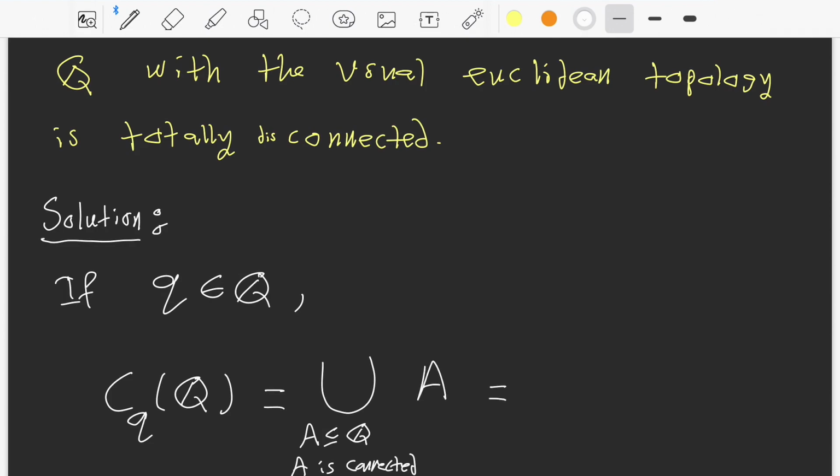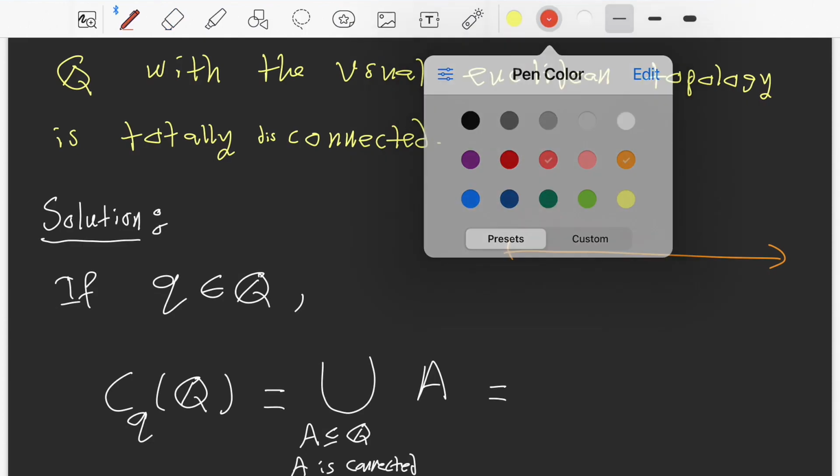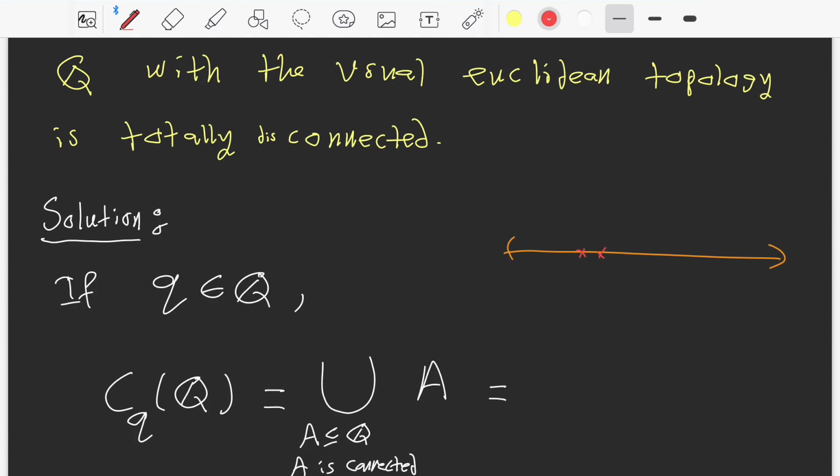Of course, if we look at this on the number line, we will see that for the rational numbers, between any two rational numbers we can find irrational numbers, so they are separated from each other. So if we focus on one of them, which is this q, and we look at all connected components, the only one that is really rational will be only the singleton.